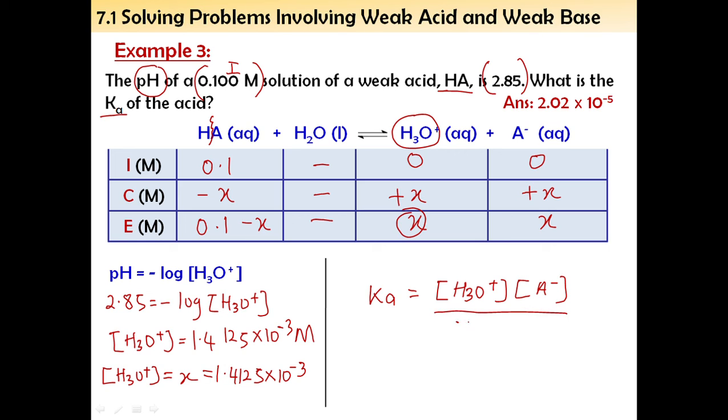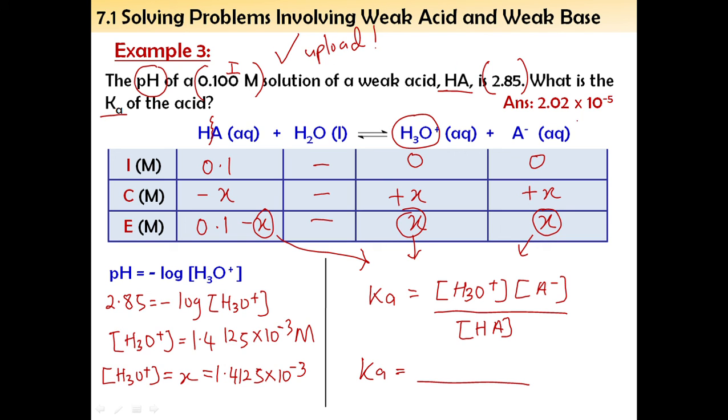And this HA pun at equilibrium juga. So, kalau saya dah dapat nilai X, saya boleh masukkan ke dalam this equation dan boleh substitute ke dalam expression, dapatlah nilai Ka. Berapa? So, tolong settlekan yang ini. For this one, I want you to upload your answer. Okay?